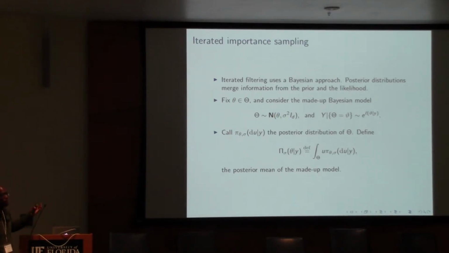So I take a Gaussian with mean theta and a small variance sigma squared. Then, given a particular value from this Gaussian distribution, I look at a random variable y with conditional distribution given by my likelihood function. So it's a completely made up Bayesian model, and I look at its posterior distribution.